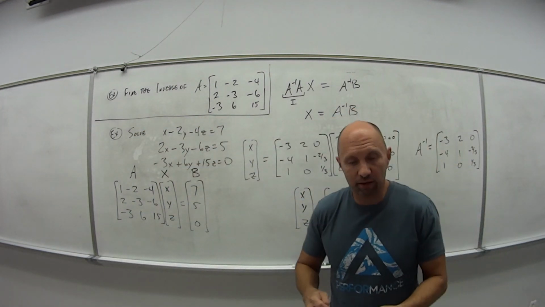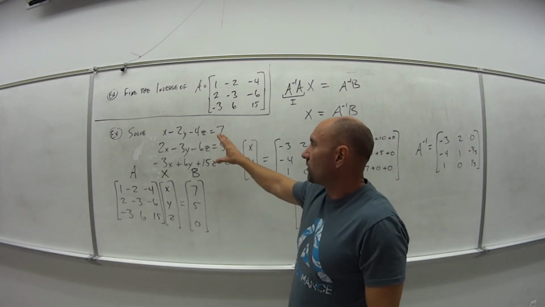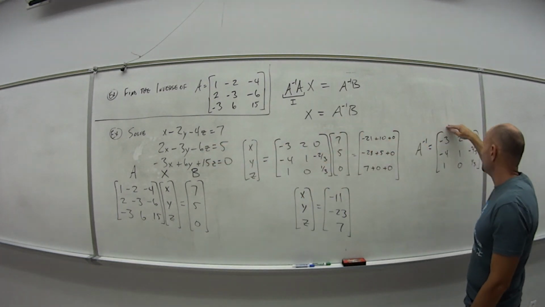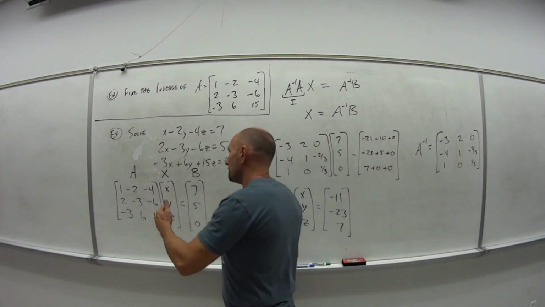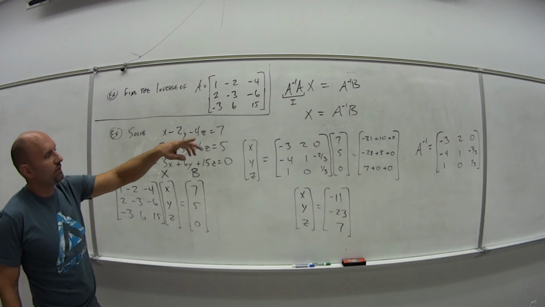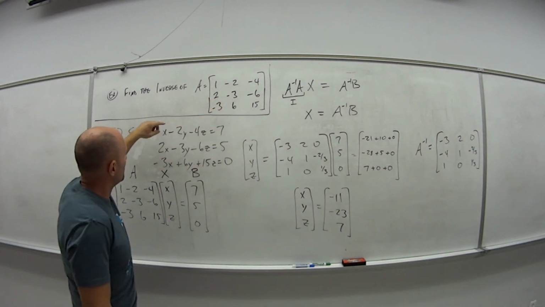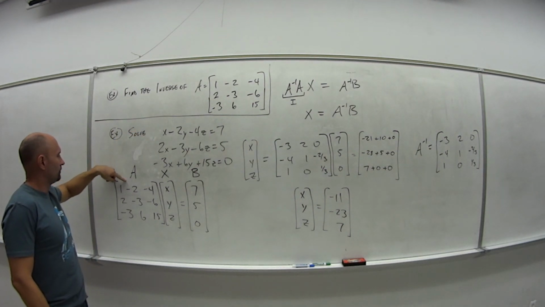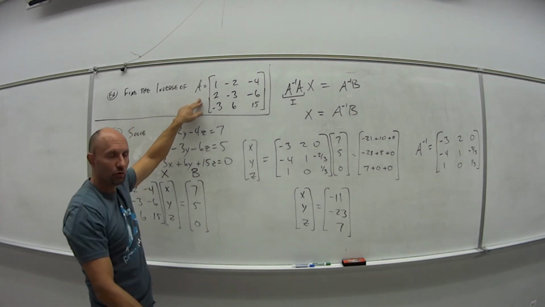If you were given an exam problem that said, solve this system given that A inverse is this, and you recognize that the coefficients of this system create this exact same matrix, then I don't have to do reduced row echelon form.